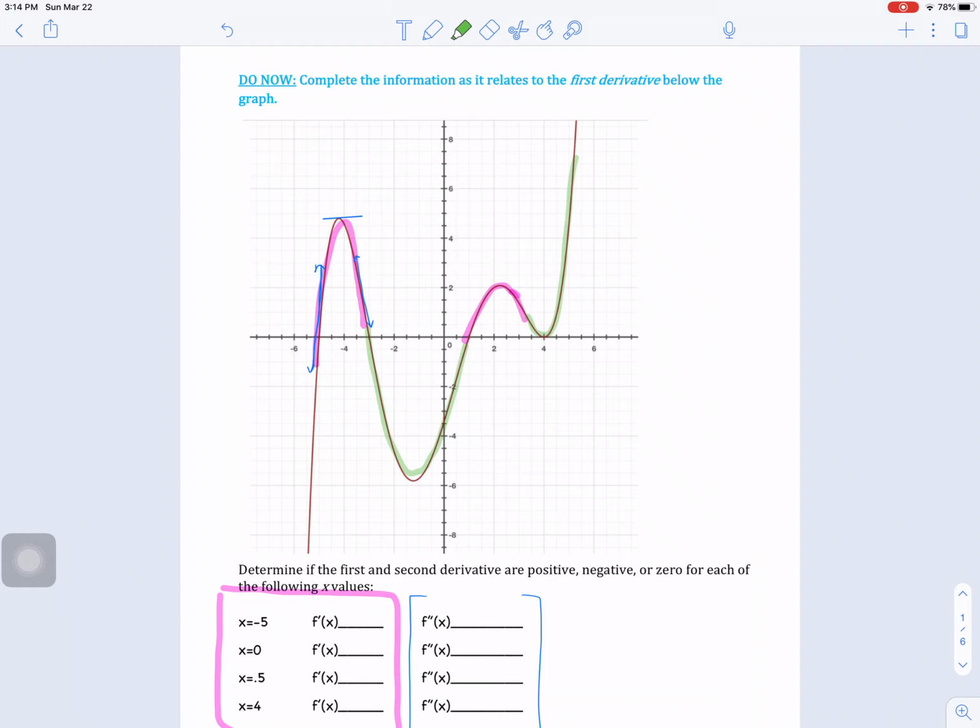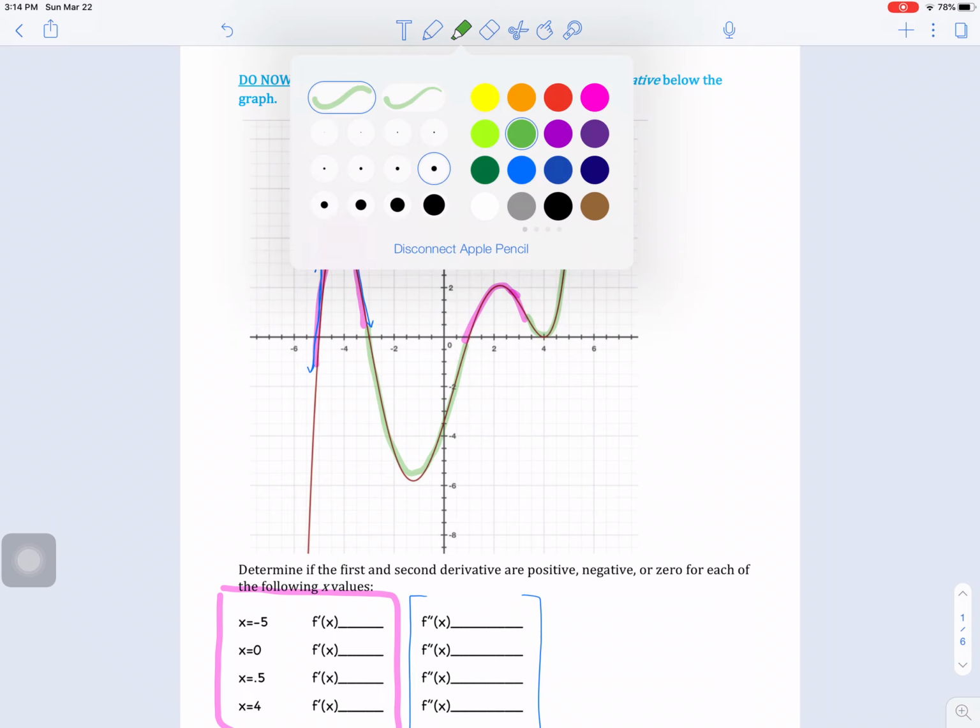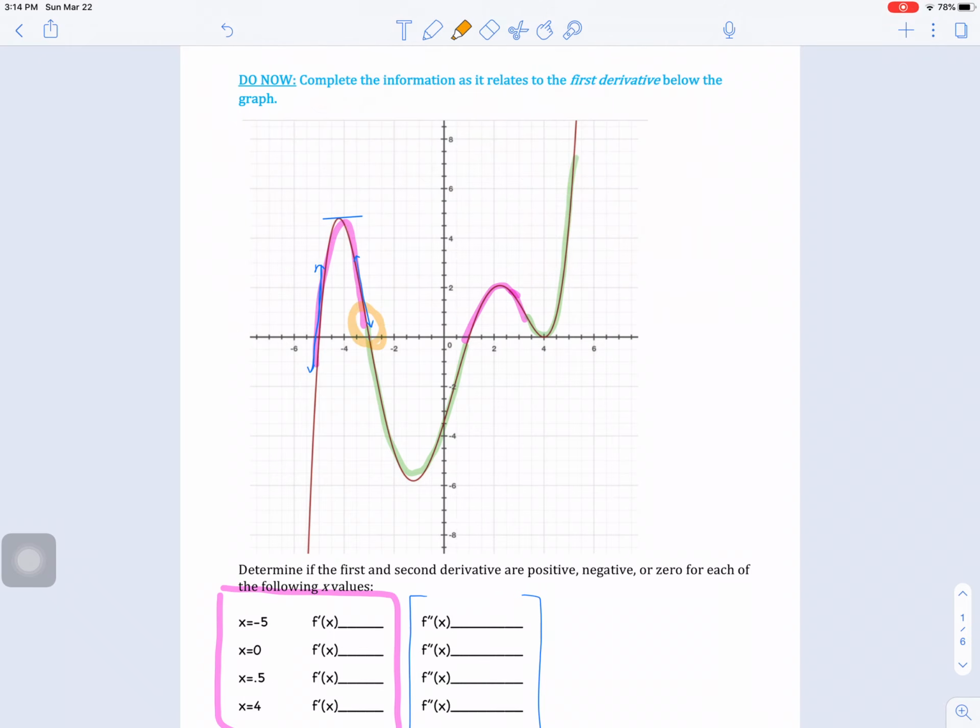Because I can tell that the second derivative, when the graph is clearly concave down in this pink section on the far left, the question is, where is this change? At what point is it changing from concave down to concave up? Where is that specific point? Okay.